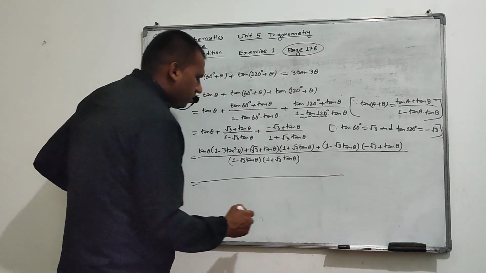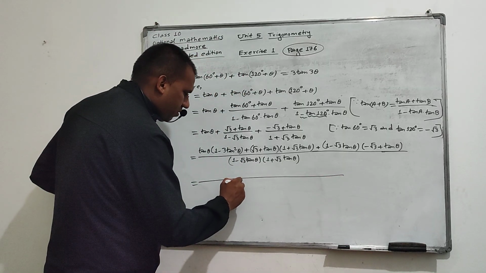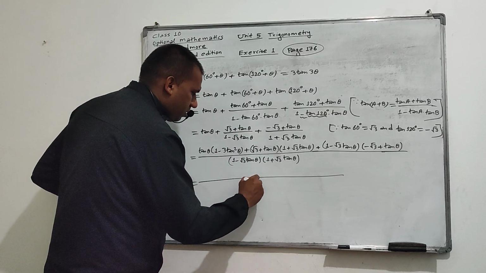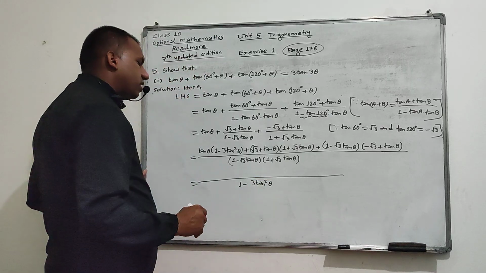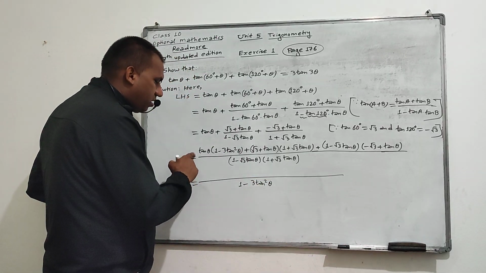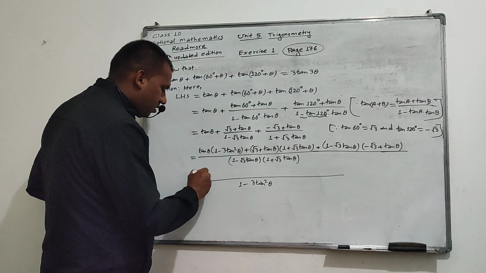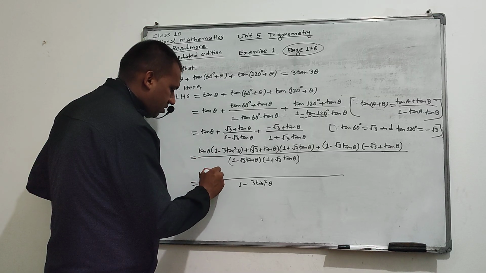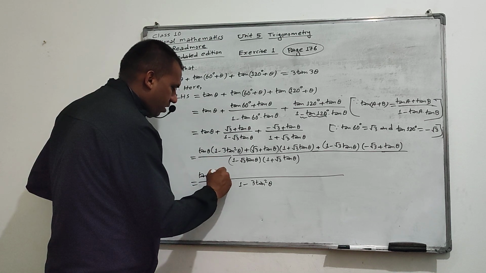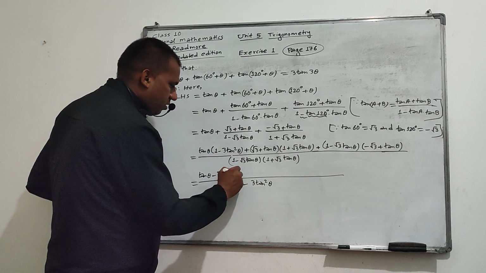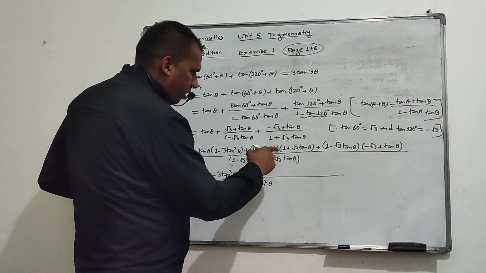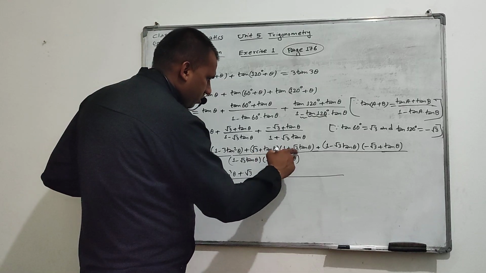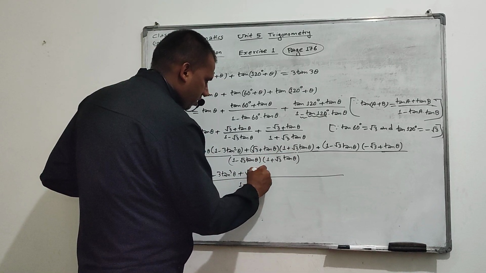Now this equals a square minus b square: 1 square minus (root 3 tan theta) whole square is 3 tan square theta. Now upper part, simplifying: tan theta into 1, tan theta minus tan theta into 3 tan square, tan cube theta, plus root 3 into 1, root 3, root 3 into root 3 tan theta, 3 tan theta.